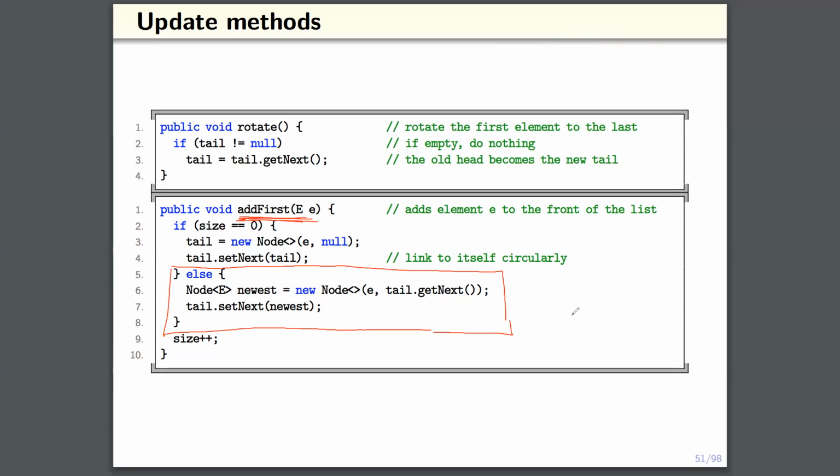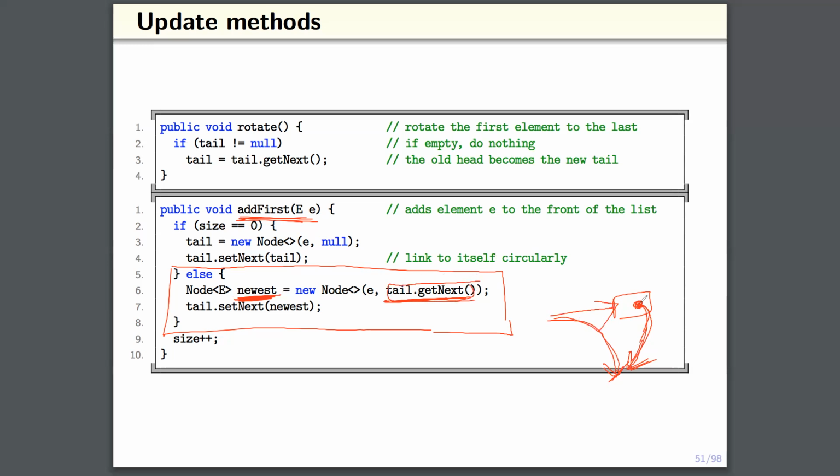As we said earlier, newest points to tail.getNext. The next pointer of newest is tail.getNext. Then tail.setNext is equal to newest. That's it. So these are the two links.